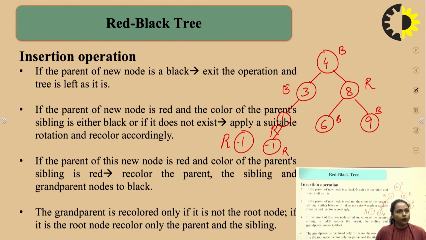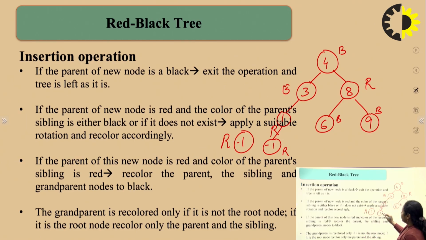So what we will do here is some shuffling or rotations and readjust the colors to balance the property. If the parent of the new node is red, and the color of the parent's sibling is either black, or if it does not exist, that means it is black only.